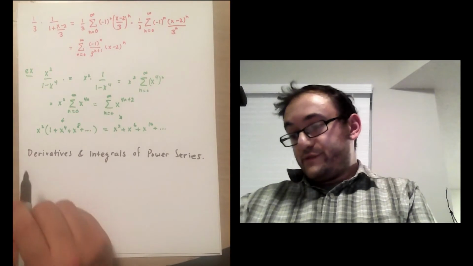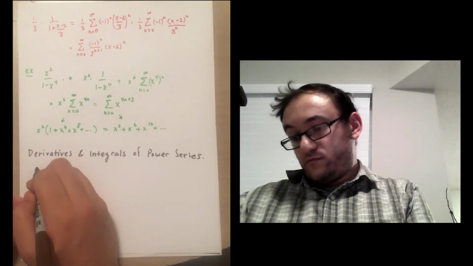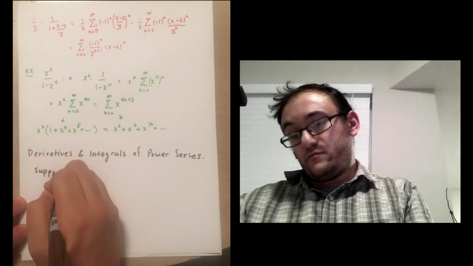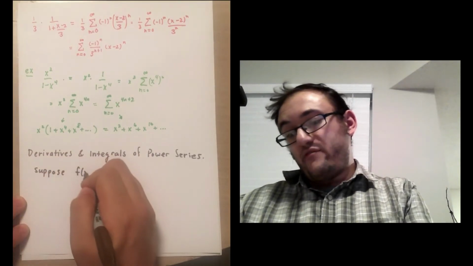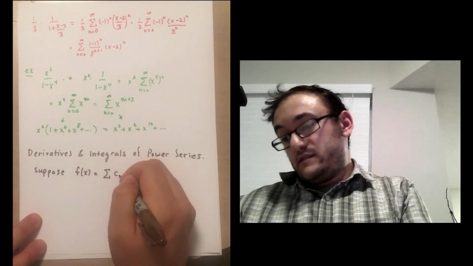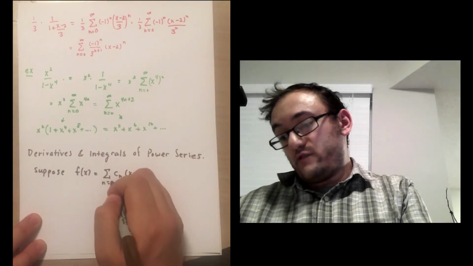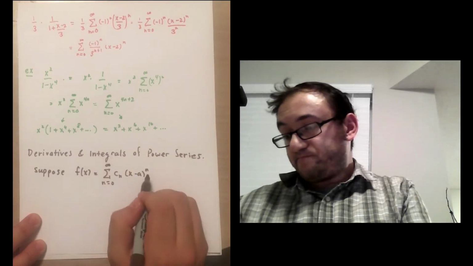Okay, so suppose f of x is given by a power series c sub n x minus a to the n, where n goes from 0 to infinity.